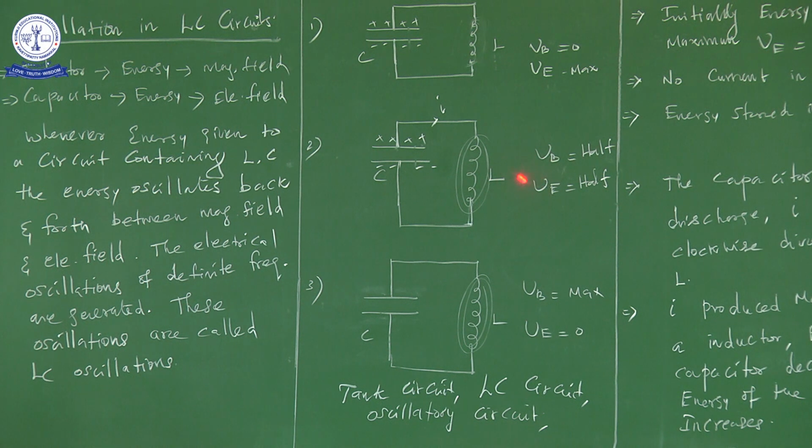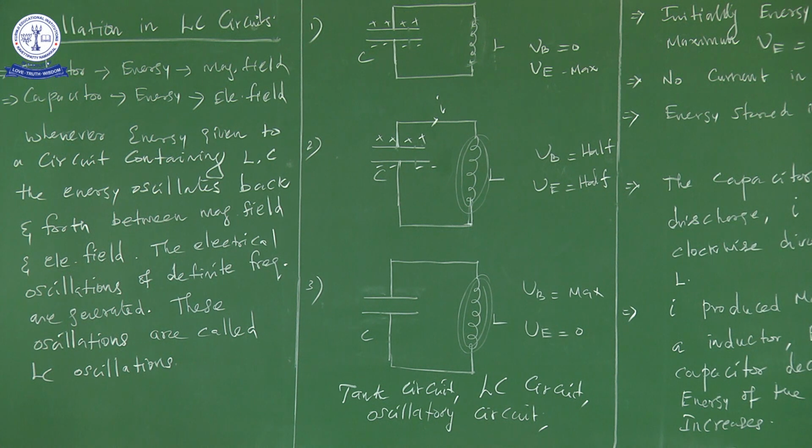Why? Because the capacitor's energy has reduced by 50%, and this 50% of energy is converted into magnetic field across the inductor. So both are half: initially the magnetic field energy was 0 and the electric field energy maximum, then after some time the electric field energy is half and the magnetic field energy is half.